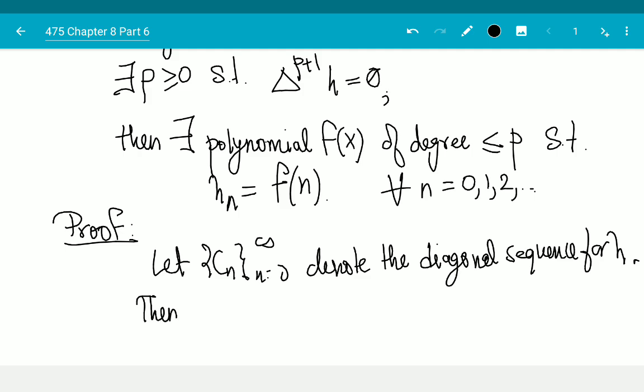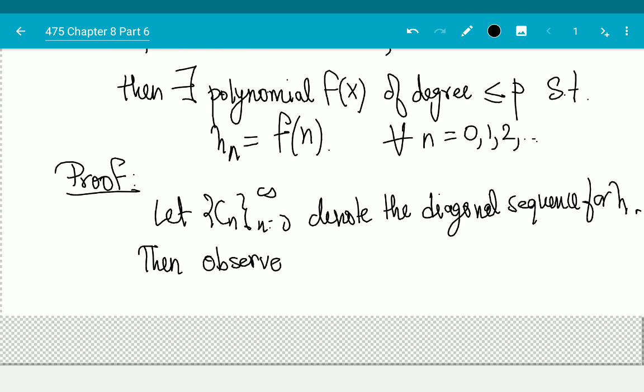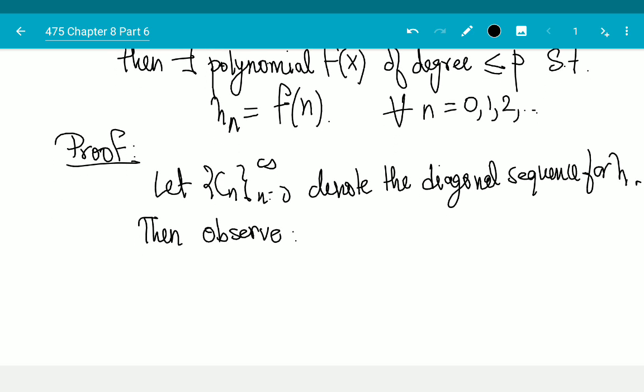Then observe that C of n is equal to 0 if n is greater than or equal to p plus 1, right?